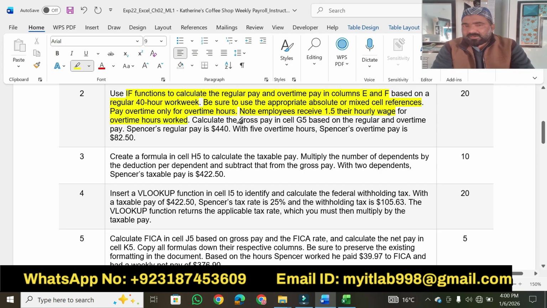Calculate the gross pay in G5 based on their regular and overtime pay. After calculating, we will get a regular pay of $440 and overtime pay of $82.50. Let me start this question step by step.